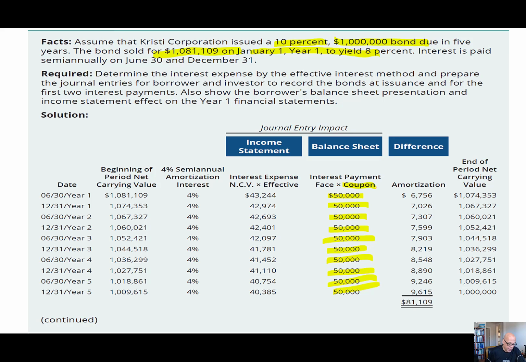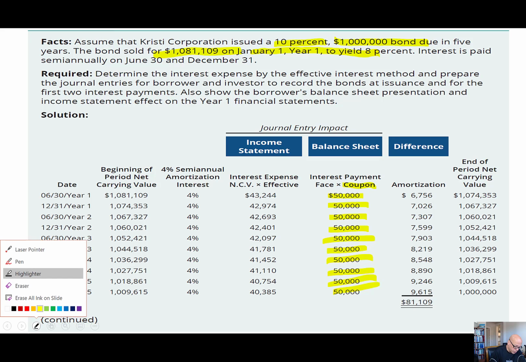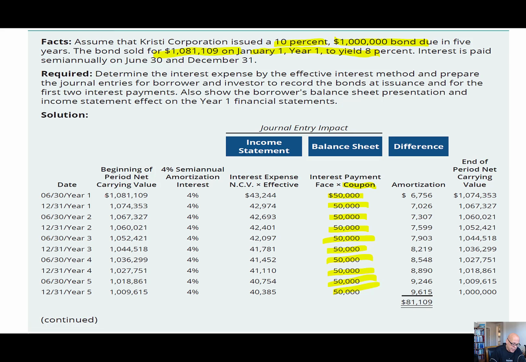Then what happens? To figure out the interest expense, okay, seems appropriate to change the color here. We're going to take the carrying amount. Well, when you first issue the bond, it's what? It was the $1 million face plus the $81,109 of premium, right, as soon as you issue it. So for that first 6-month period, January 1st to June 30th, we have a carrying amount of $1,081,109.